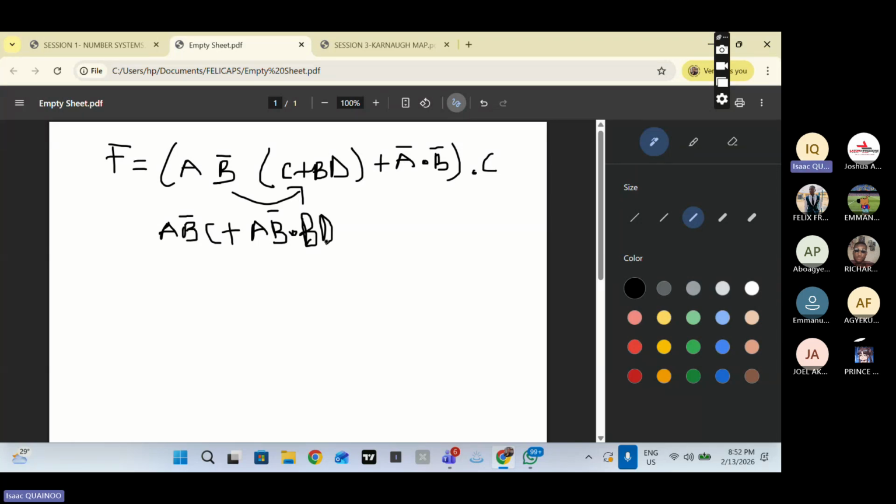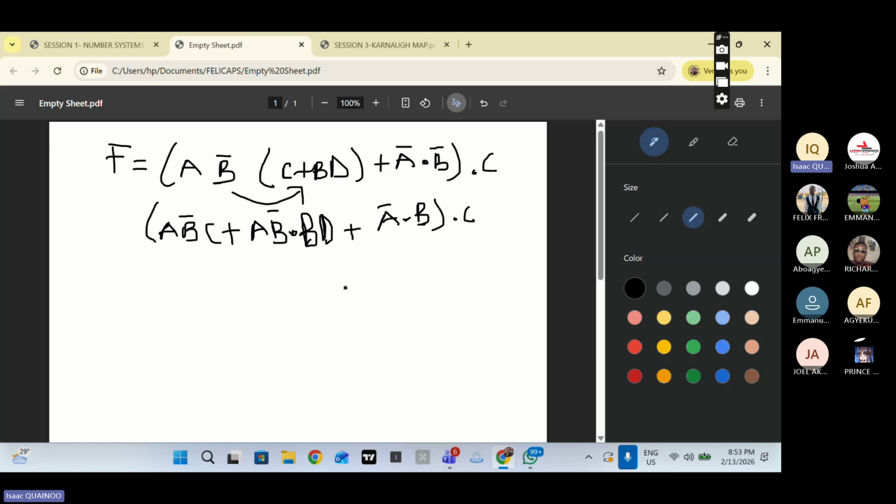Or times D. Okay, so then when we are done with this, we now have A prime dot B right here. And then we put everything in brackets, then we have our C right here.